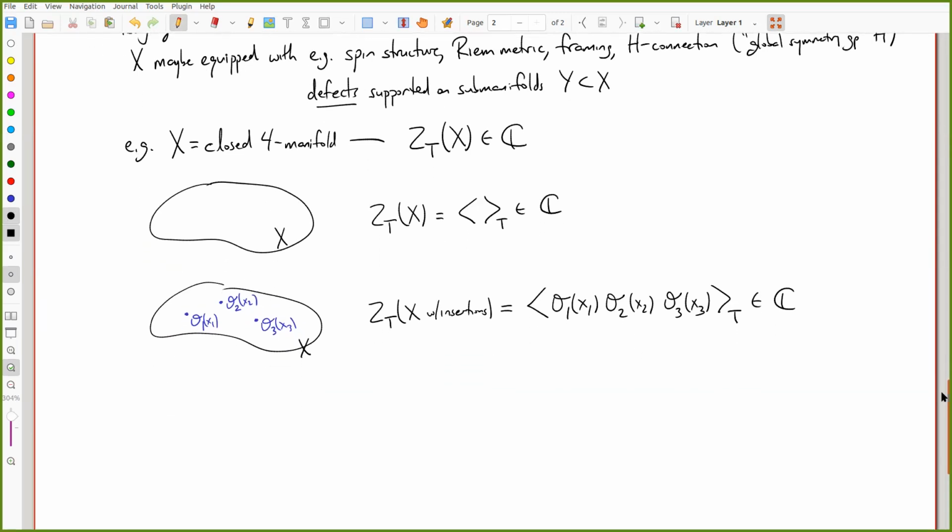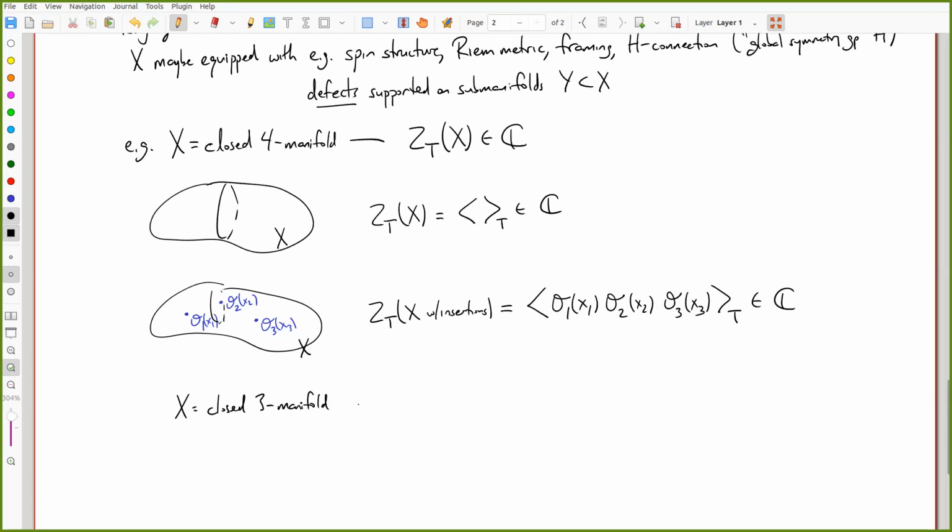So that's just numbers. Then as you go down in dimension, the objects actually get more complicated. I could take X to be a closed three manifold. Okay, so I guess here I should draw them like this or something.